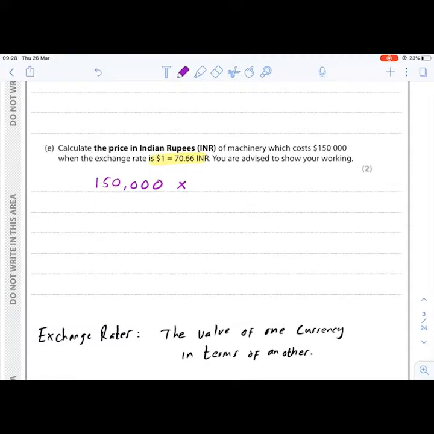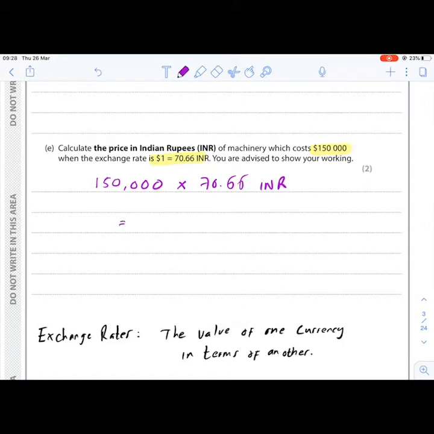So you just have to multiply 150,000 US dollars by the exchange, which is 70.66 Indian rupees. Okay, and then you should get an answer.